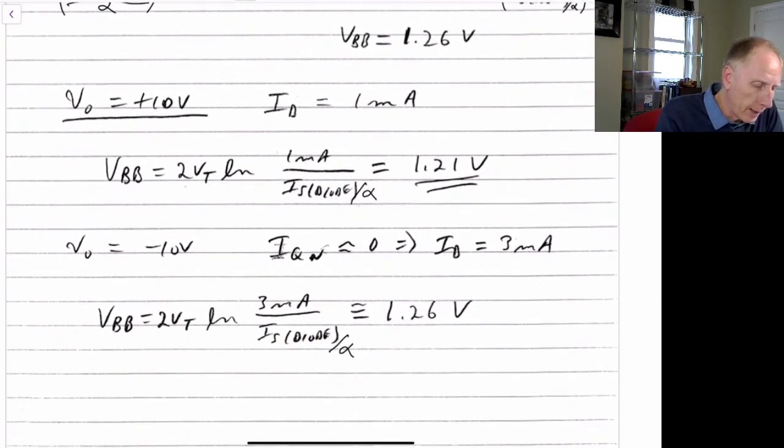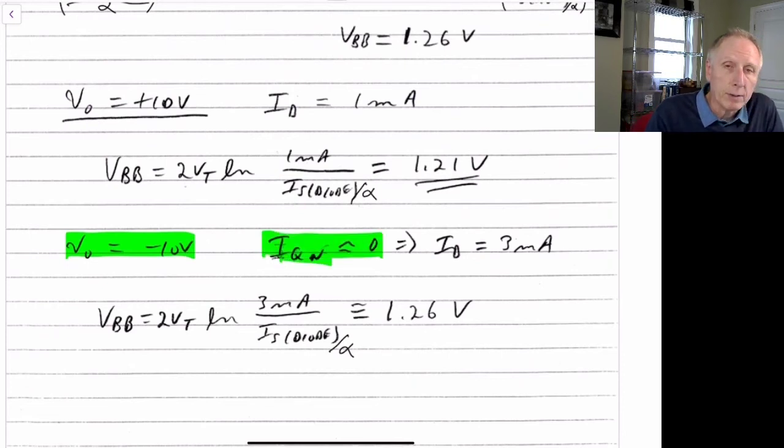If we do the opposite case and we say that the output voltage is now equal to minus 10 volts, then the NMOS transistor effectively has 0 current going through it. So all of the current is going through the diode, the two diode pair.